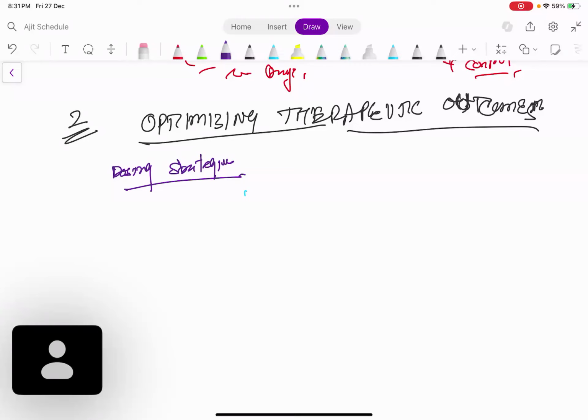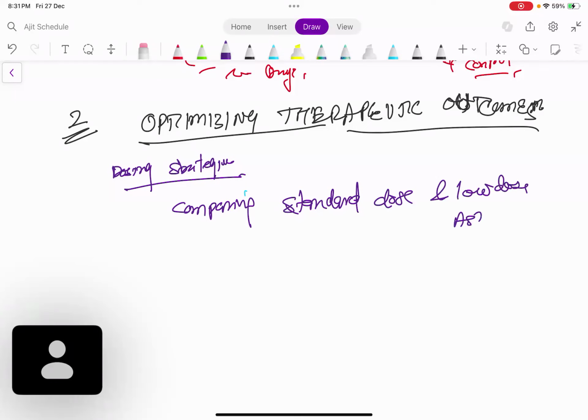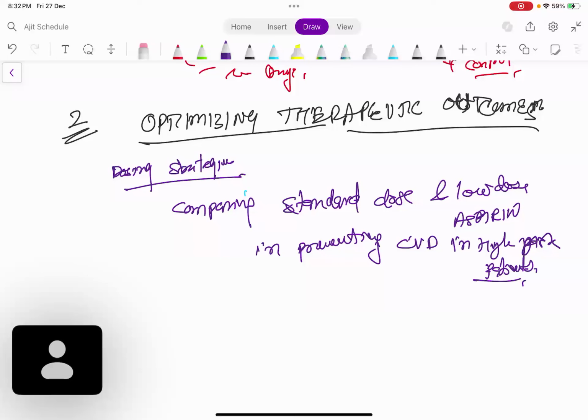Okay, I'll take this example: comparing standard dose and low dose of aspirin in preventing CVD in high risk patients. High risk patients means what?